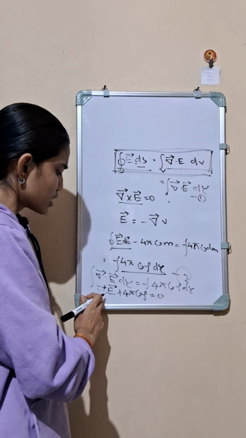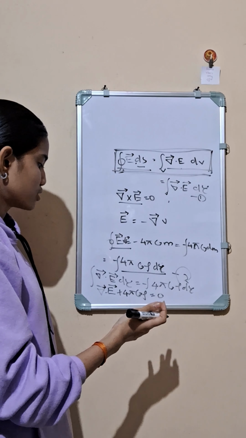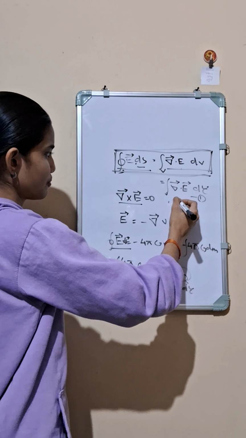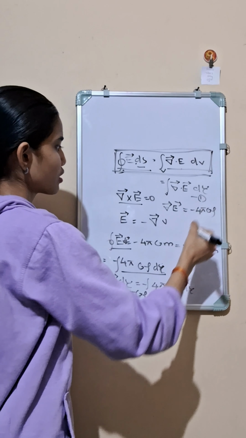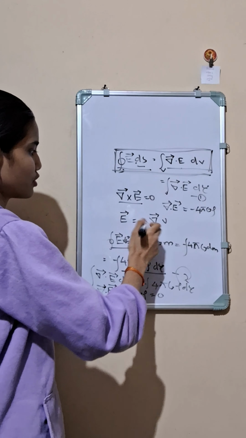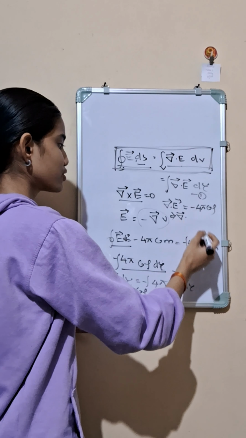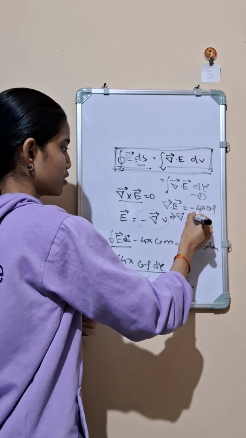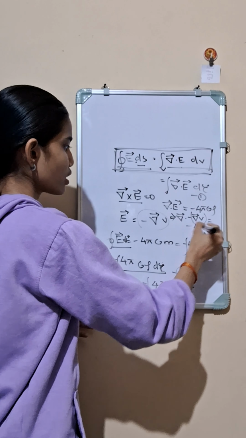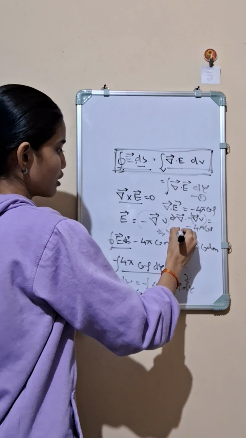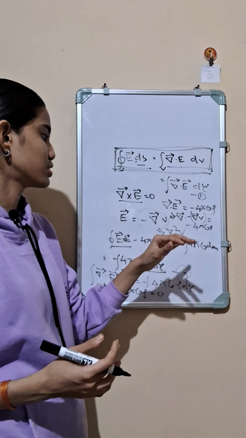So now we can say the divergence of the field vector is equal to minus 4 pi G rho. I know that the electric field is the negative gradient of the potential. So the divergence of the negative gradient of the potential is equal to minus 4 pi G rho. Here the Laplacian, which is like a double derivative of the potential, so not exactly a double derivative but something similar to it.